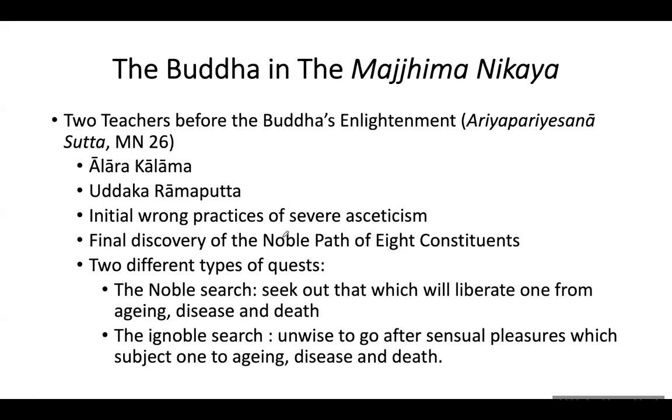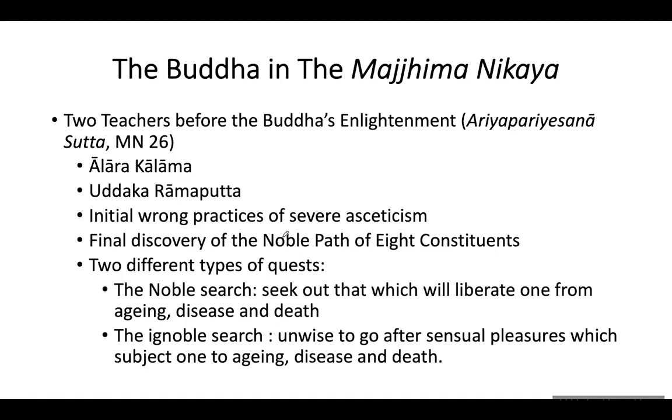But conceptually, Mara means death. Once he followed these two teachers' practice, the Buddha realized there is a limit. That limit does not allow the Buddha to become fully enlightened, and he would still come back to the realm of sensual desire.